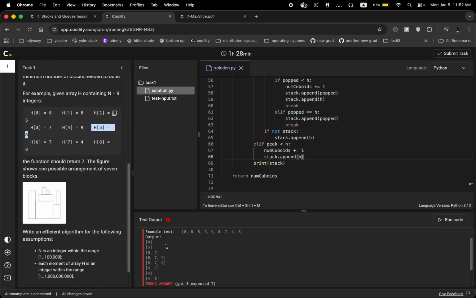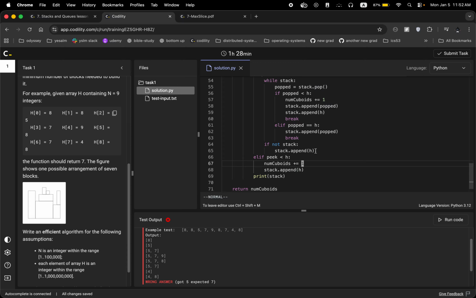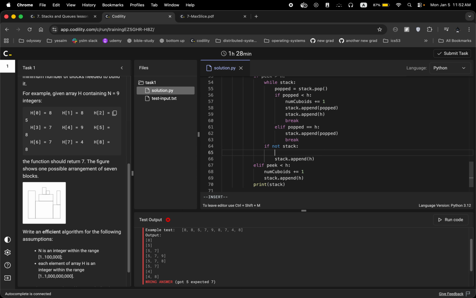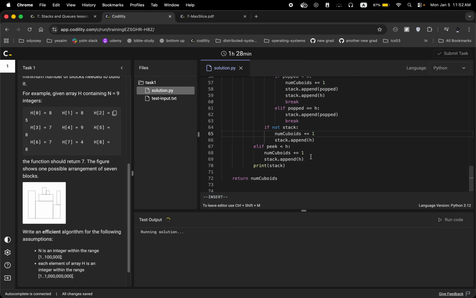Then 8 pops that 9. Am I missing a num cuboids increment here? Yeah, right here. Yeah, that should be it.